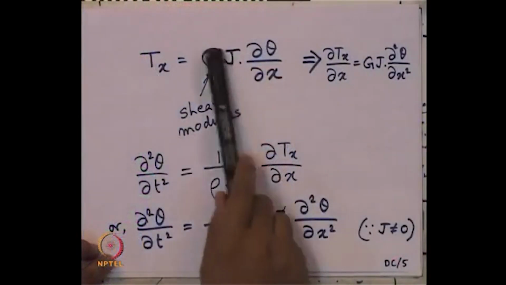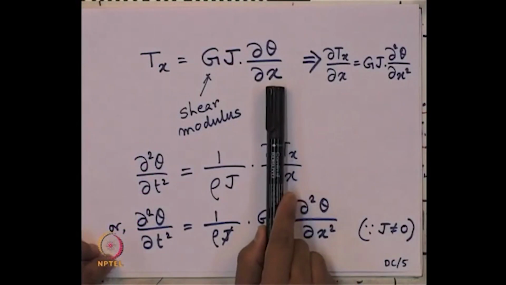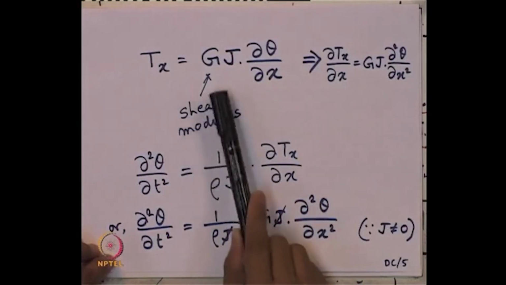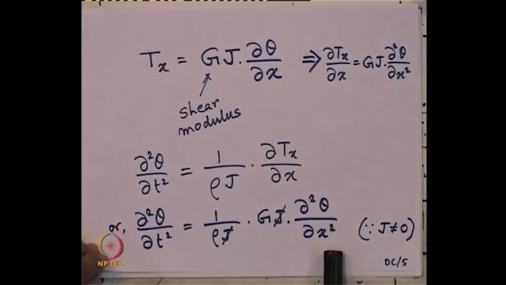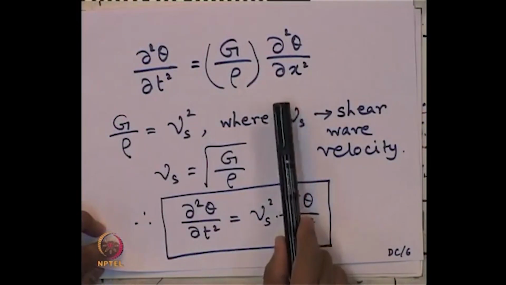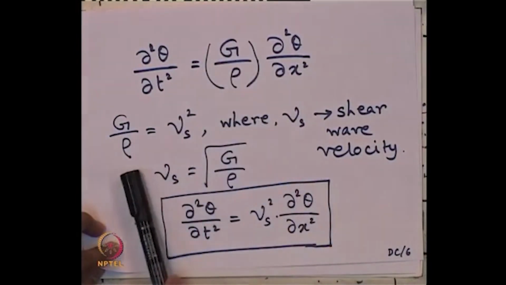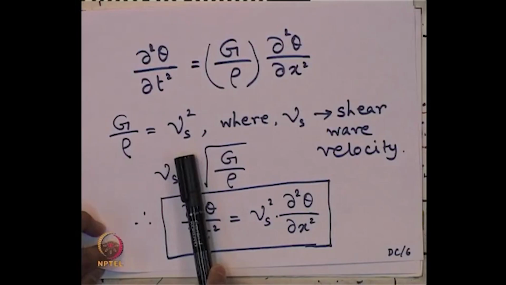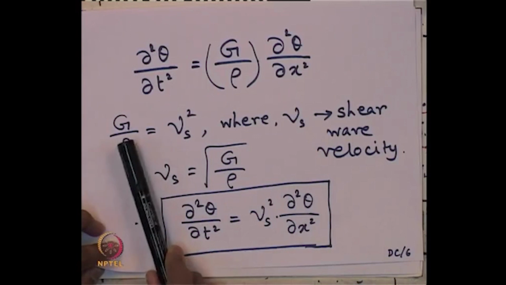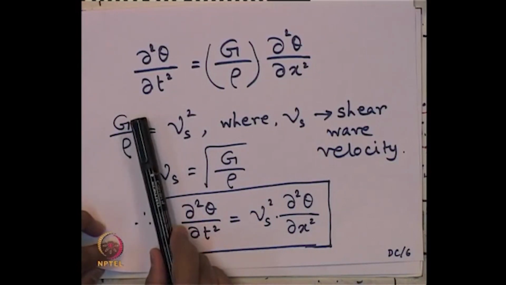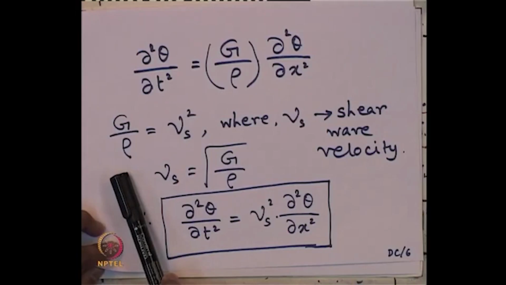After that, we had applied the relationship between torque and rotational displacement through the shear modulus and polar moment of inertia in this form, and on further simplification, what we had arrived at finally is this one, where this parameter again we have defined as square of shear wave velocity. So, shear wave velocity is nothing but root over G by rho, where G is the shear modulus of the material and rho is the density of the material.